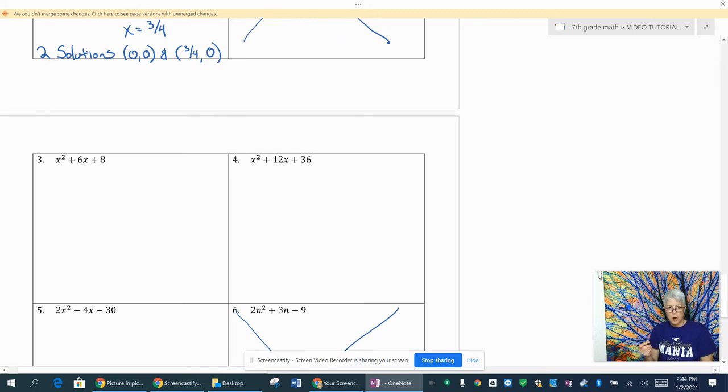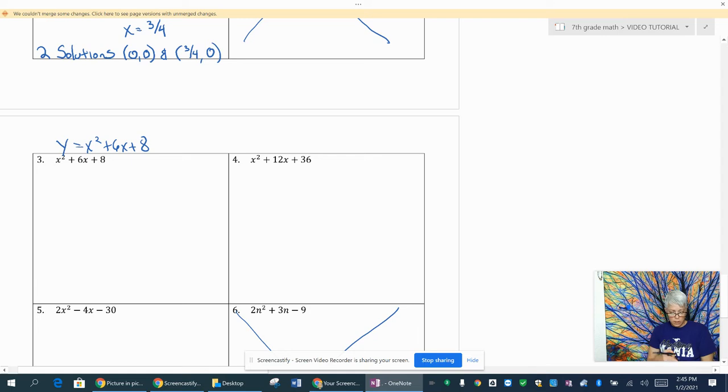Now, quadratic equations, we usually have this set to, it usually will say something like f of x equals x squared plus 6x plus 8. You might see that. Or you might see it written as y equals.